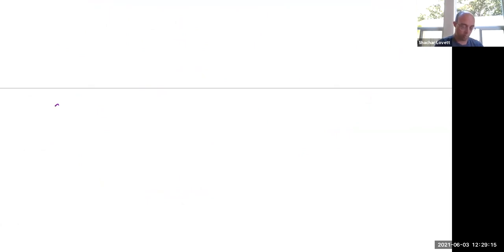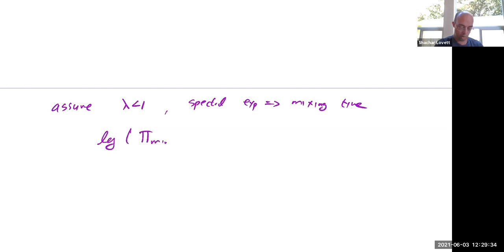Assume lambda is something less than 1, then spectral expansion gives mixing time of something like log pi min inverse plus log 1 over epsilon, which is what we saw before.